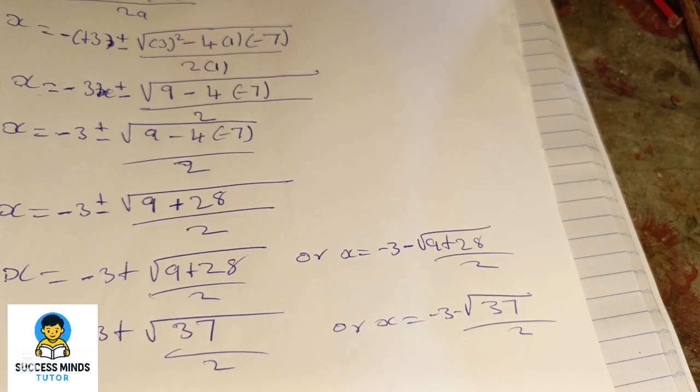Okay, guys. So here it's giving us, square root of 37 divided by 2, then minus 3.